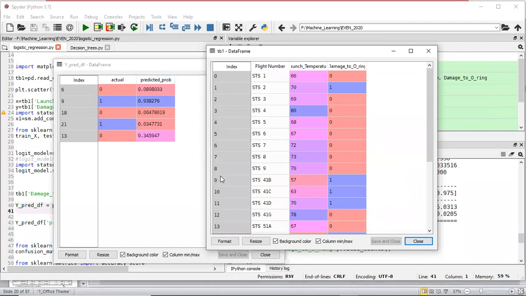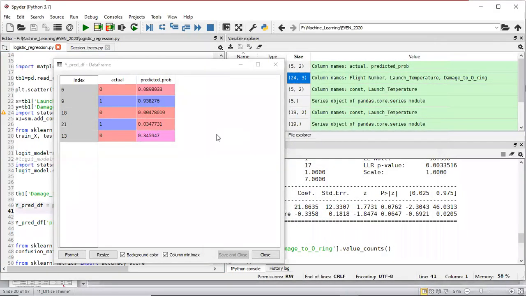Next, if the input is 57 degrees, I'm getting the predicted probability as 0.93. Similarly, it has predicted the probability using the equation we found previously: P of y equal to 1, the probability of y becoming 1 when you provide some x, is e power z by 1 plus e power z. So now we'll define a value called cutoff probability.